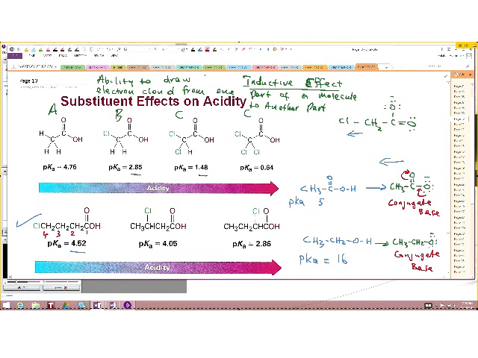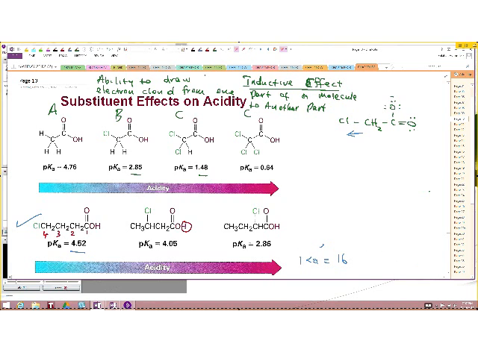When we replace the hydrogen on carbon number 3, we are now getting closer to the negative charge of the conjugate base. Keep in mind, you remove this here to form a conjugate base. So we are talking of stability, stabilizing the conjugate base, not the acid itself. Keep in mind, when we talk about stability, we are referring to the conjugate base.